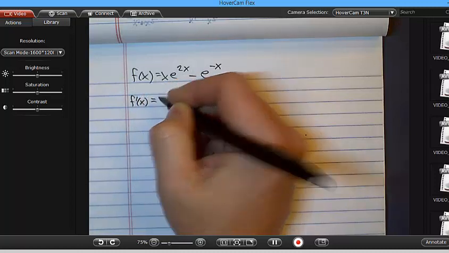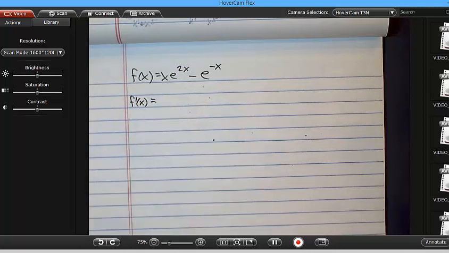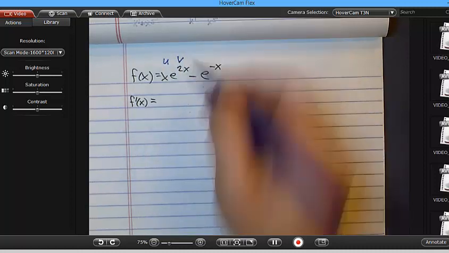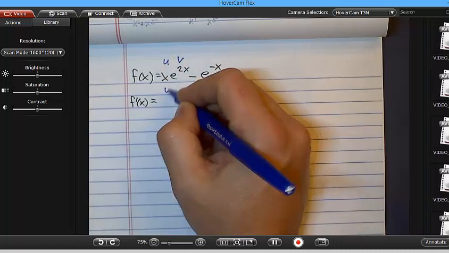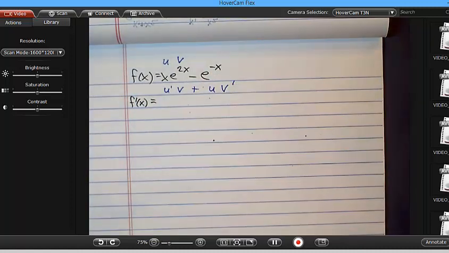Yeah, pretty much, right? Just to find the derivative of x e to the 2x, what rule comes to mind right away? Don't you think product rule is there, right? So I have to do u prime v plus uv prime. Let me try that.